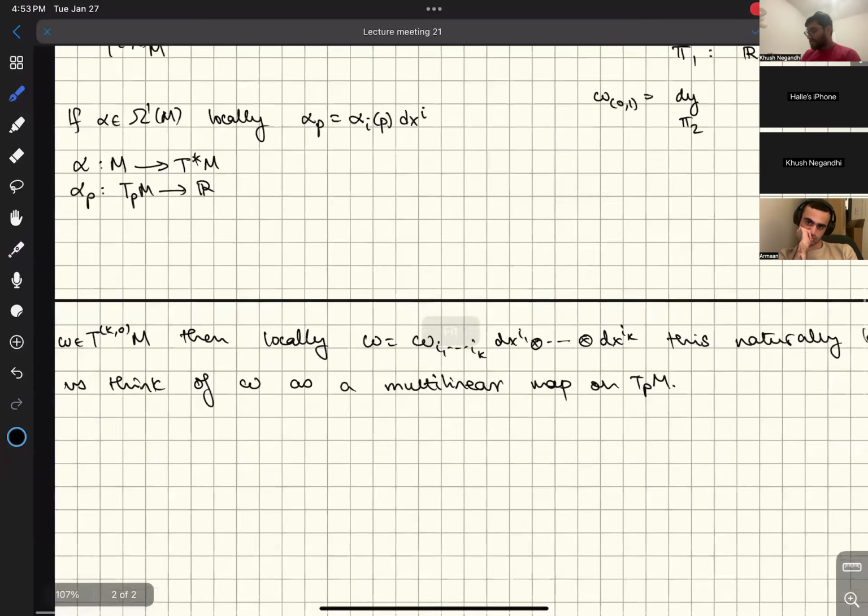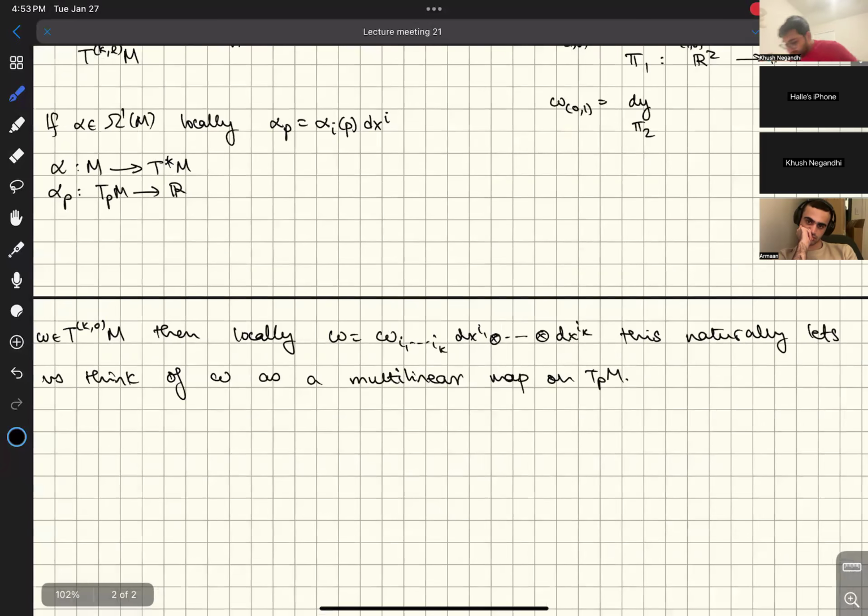And now we can stop thinking of these tensor bundles as something mysterious, and start thinking of them as bundles of tensors.